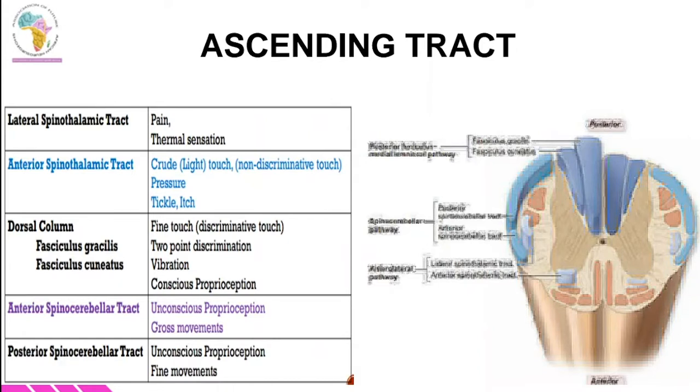Then anteriorly we have the anterolateral pathways, which are the lateral spinothalamic tract and the anterior spinothalamic tract.